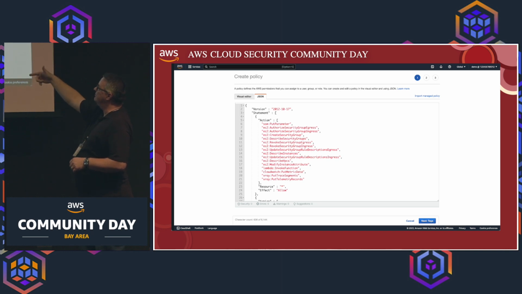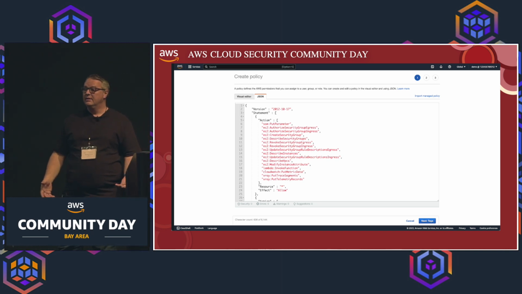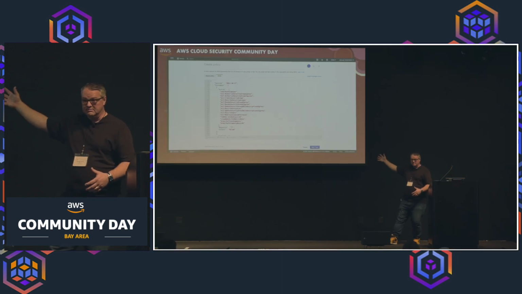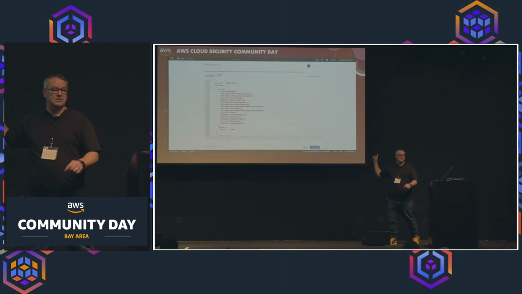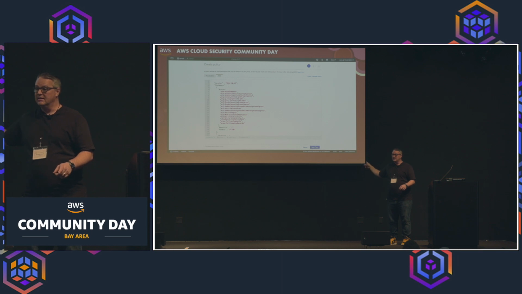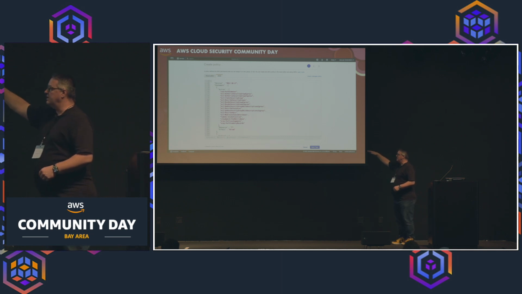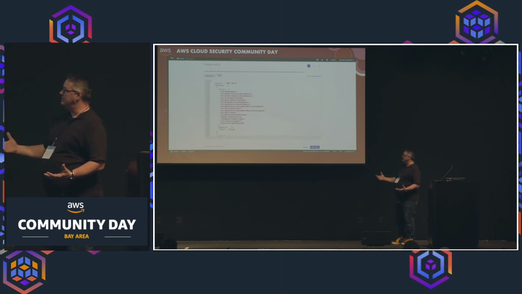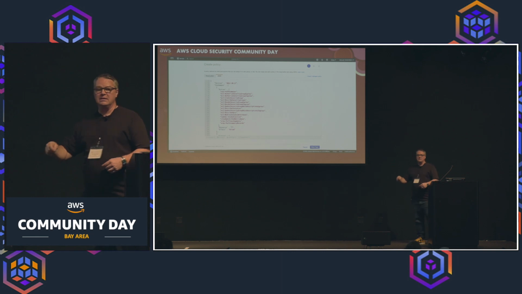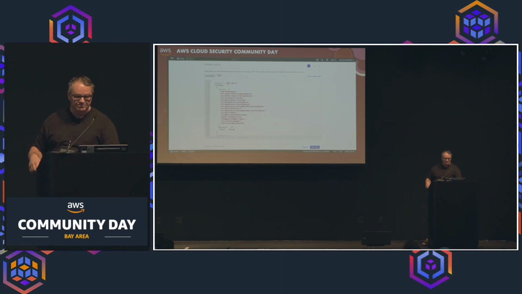It's written in JSON. There's a visual editor for that as well if you wanted to use that. And if you want to know more about IAM policies, there's a couple of sessions that happened here today, and I know they're recorded, so it'll give you a kickstart, right? But this has given me all of the allow permissions that Lambda is going to need to be able to make that change for me.